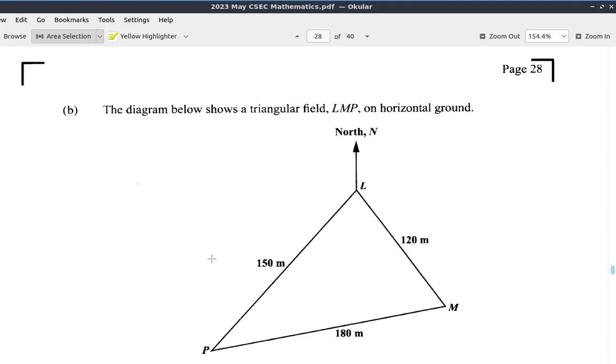We now look at part B of question 9 of the May 2023 CSEC mathematics paper. Now remember, you must make a genuine attempt at completely answering the question or even partially answering the question before you watch the video.